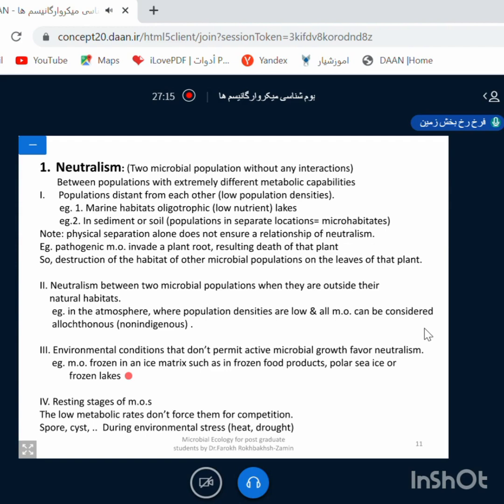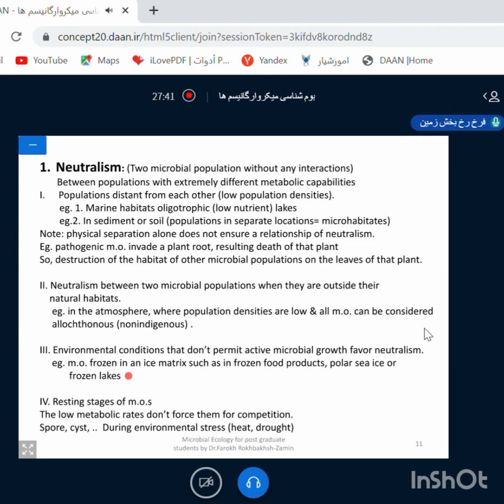And as their metabolism tends to 0, their interactions with other microbes, living things, and non-living things tend to neutralism. So there is no interaction with other microbes, and there is no interaction with the milk.